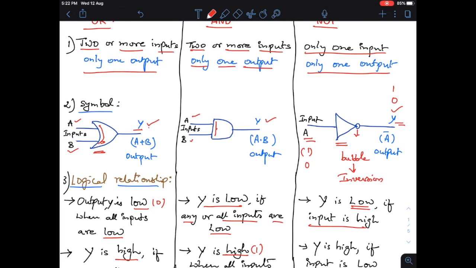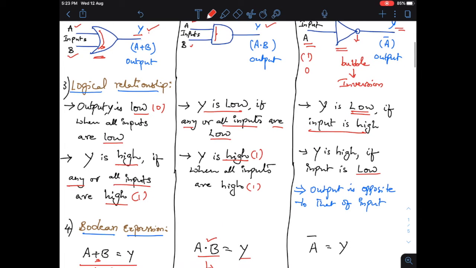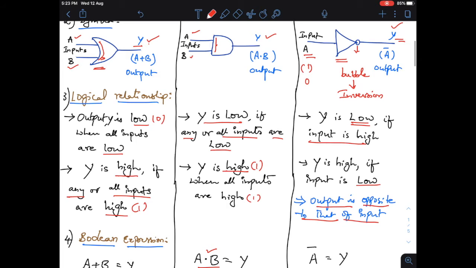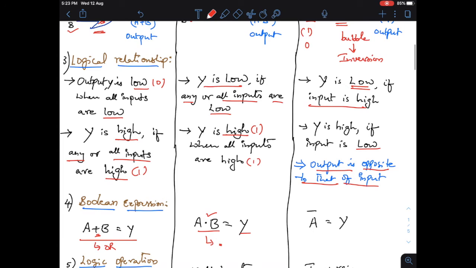That means it is just the opposite. Output is opposite to that of the input. If A is 1, Y is 0. If A is 0, Y is 1. Because this is just opposite, you call it an inversion operation.